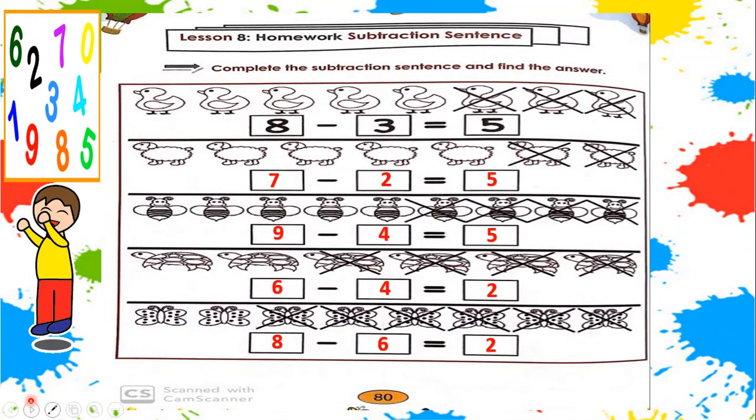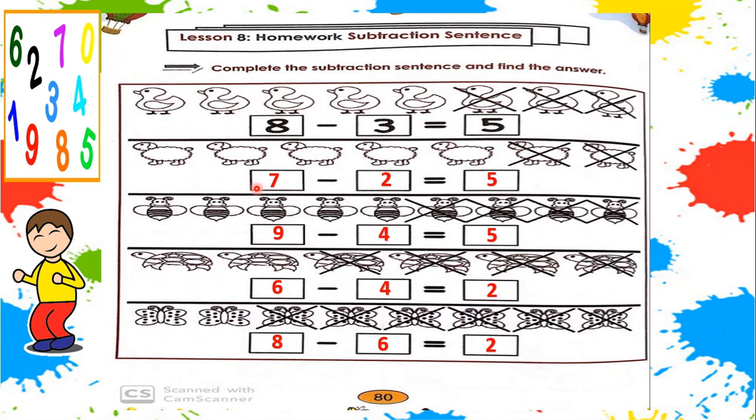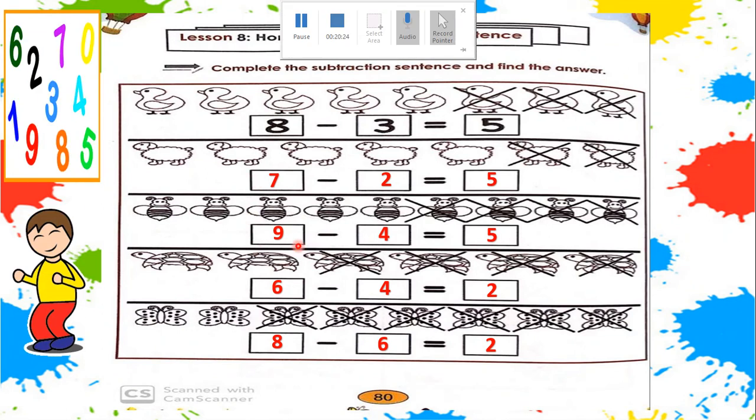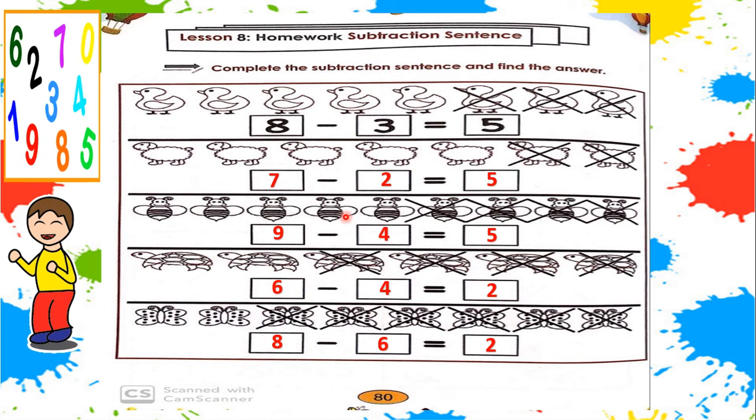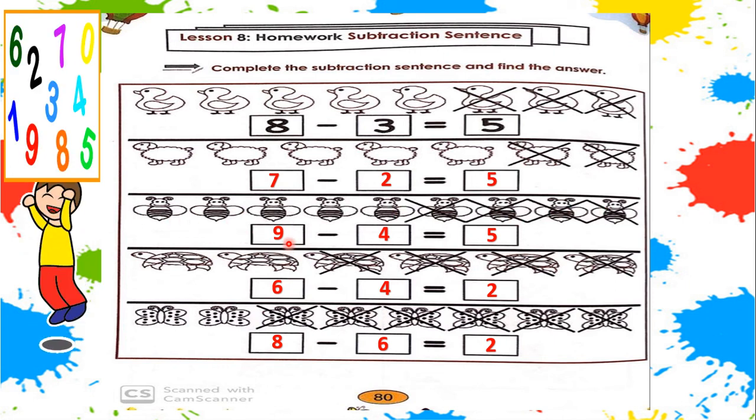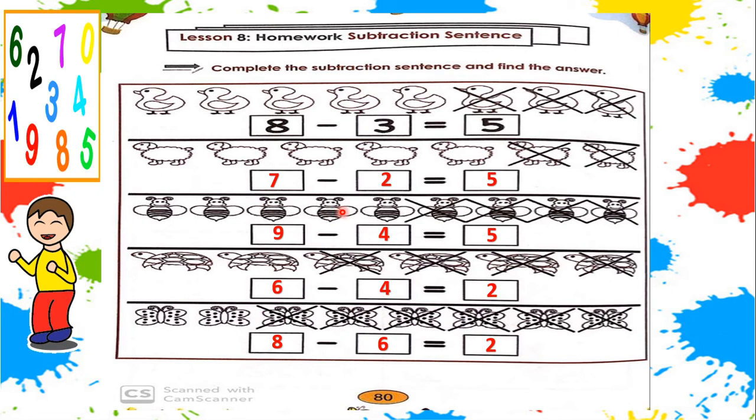Okay, so here, again, we have 7 minus 2 equals 5. So next box here, okay, we have 9 B's. 1, 2, 3, 4, 5, 6, 7, 8, 9.